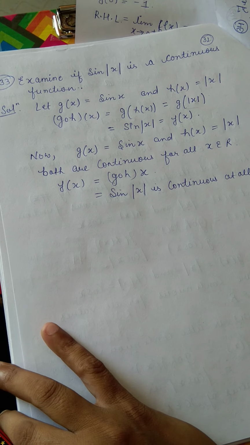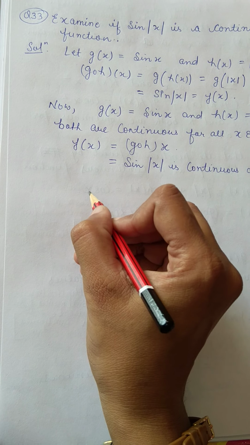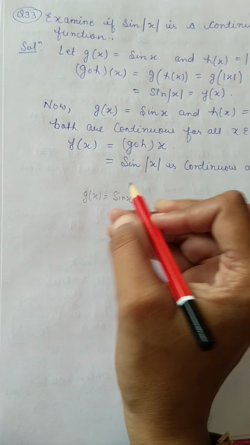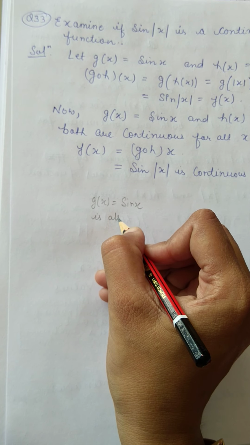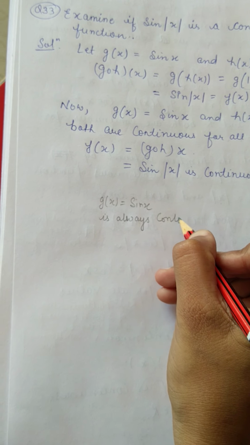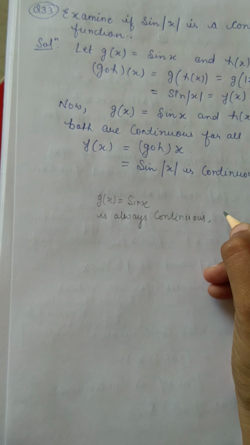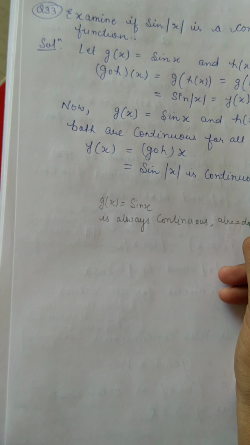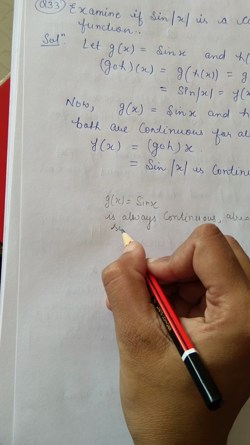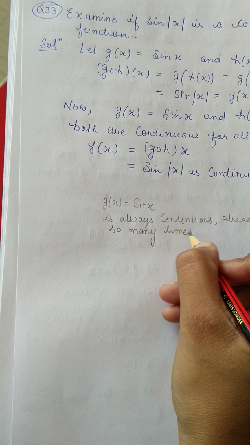However बच्चे, again I am telling you once, see over here what I am writing. Beta, your g(x) is equal to sin x is always continuous. Already proved so many times.